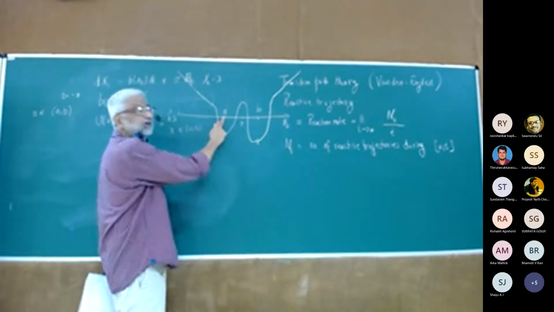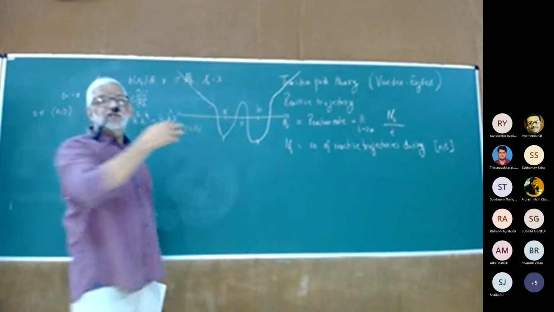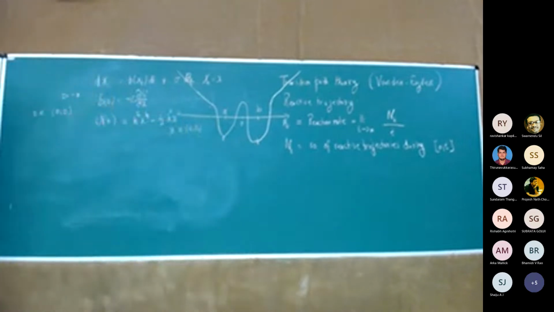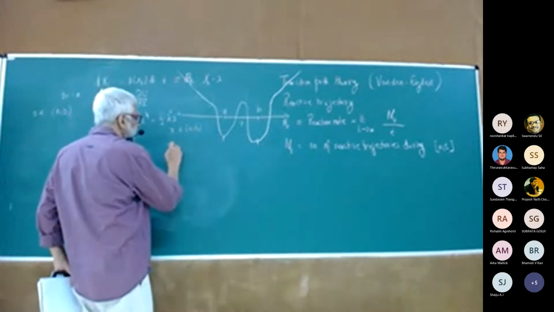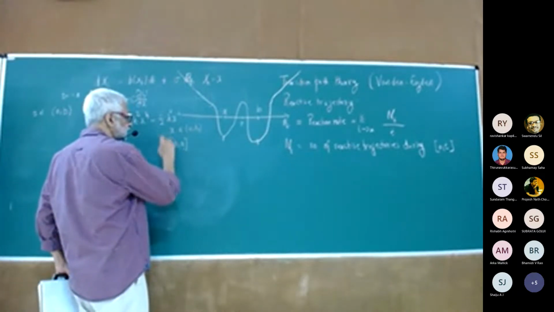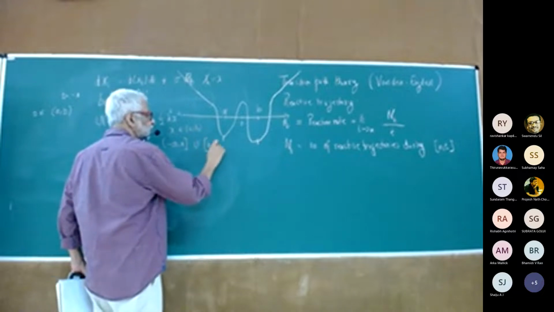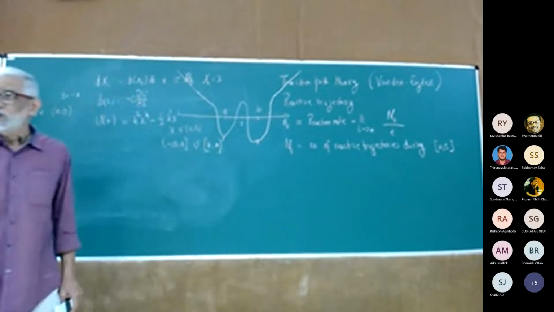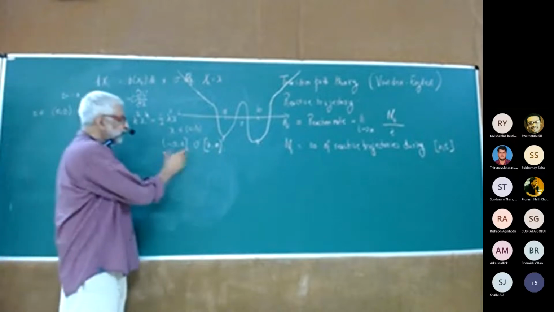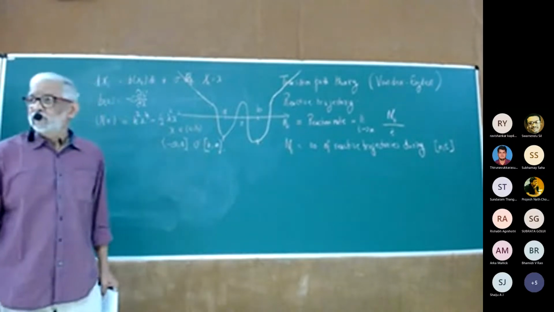Minus infinity to A, that's the reactant region, and B to infinity is the product region.